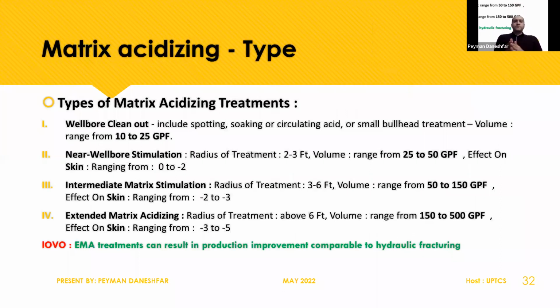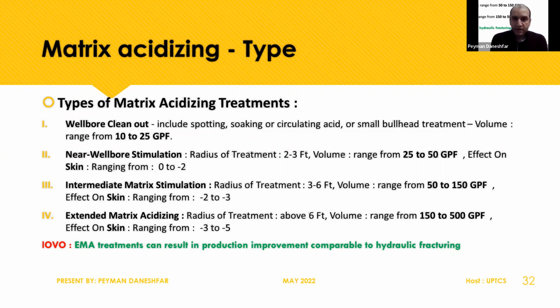We have some matrix acidizing types: WCO, MWS or near wellbore stimulation, IMS, or EMA.